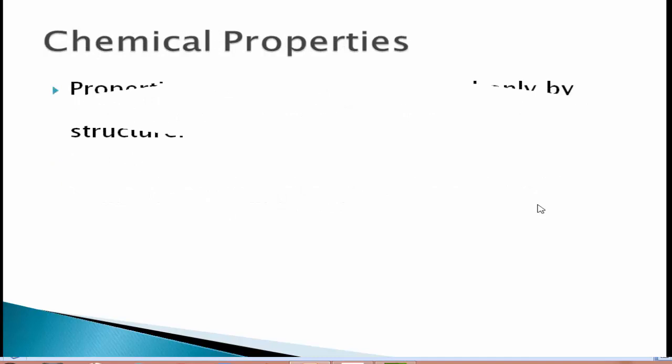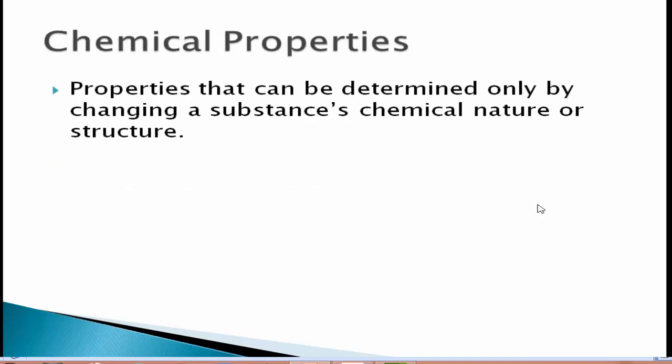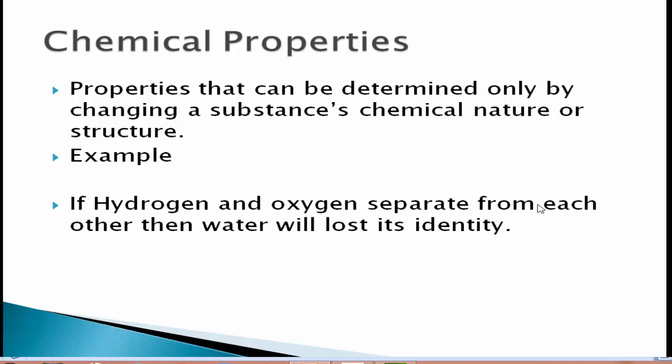Then what are chemical properties? Properties that can be determined only by changing a substance's chemical nature or structure. And we know that the chemical nature of a substance can be changed by changing its chemical formula, and that is obviously dependent on involvement of electrons. An example of a chemical property: if hydrogen and oxygen separate from each other, then water will lose its identity.